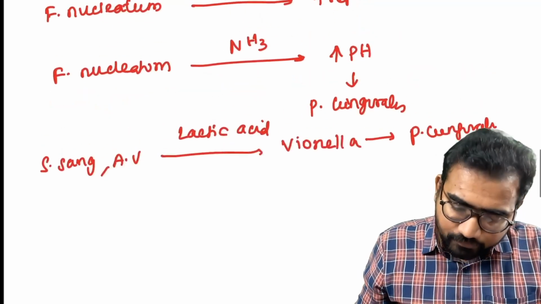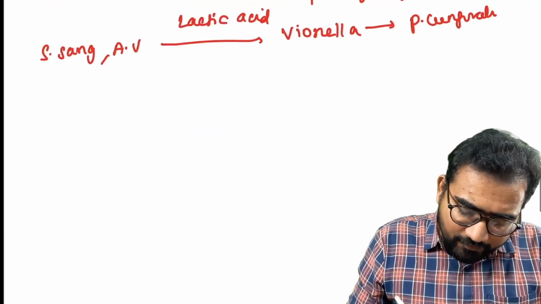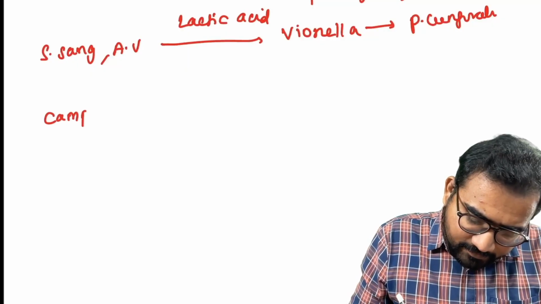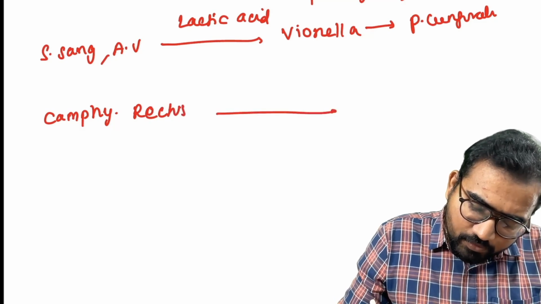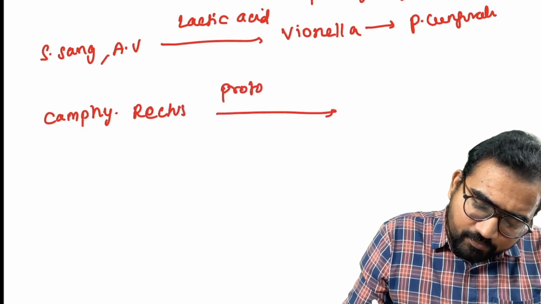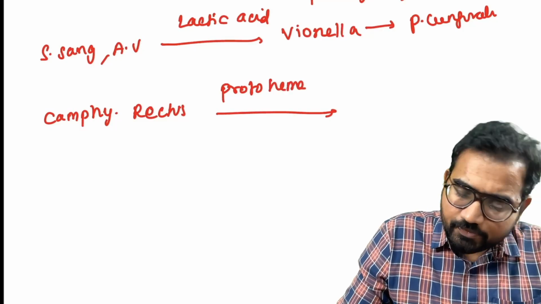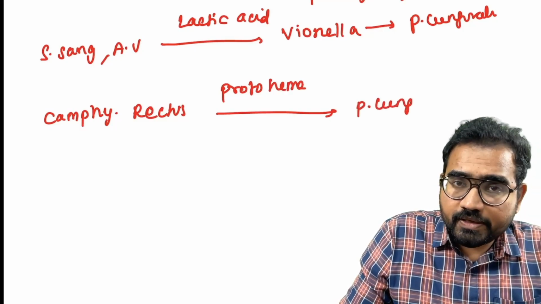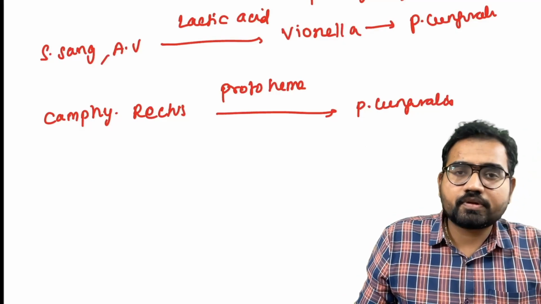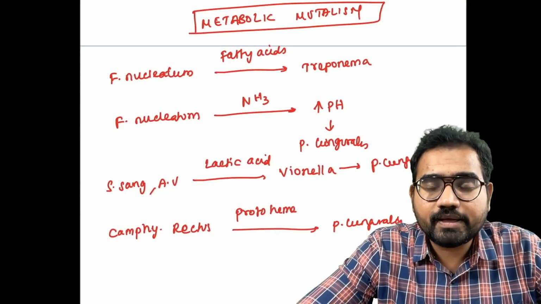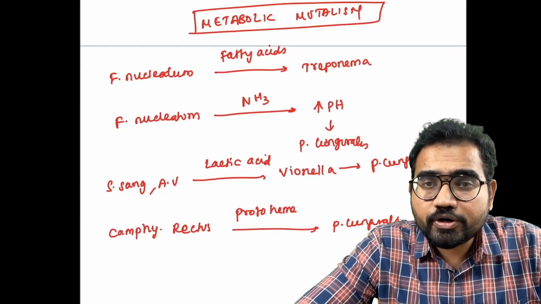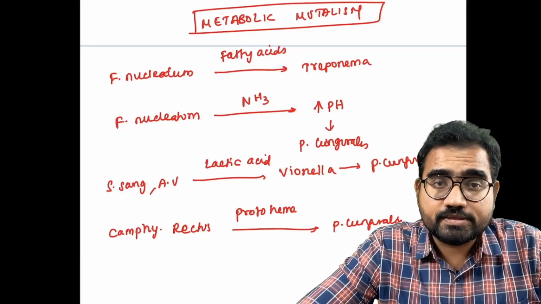Now, Campylobacter rectus produces protoheme, which helps the growth of P. gingivalis. So these are the few bacteria which play a very important role in metabolic mutualism.